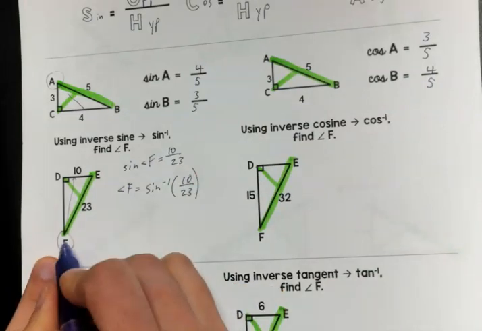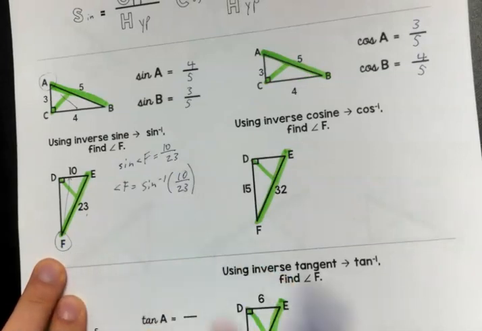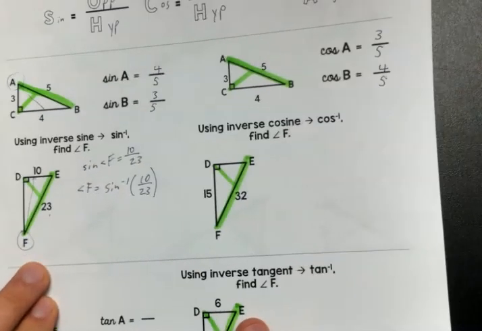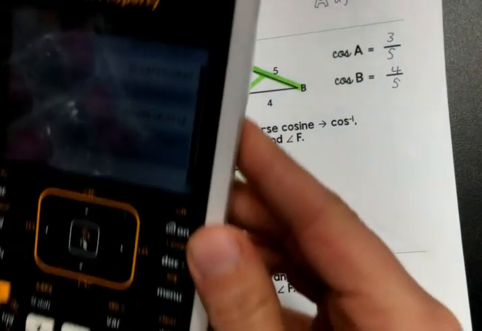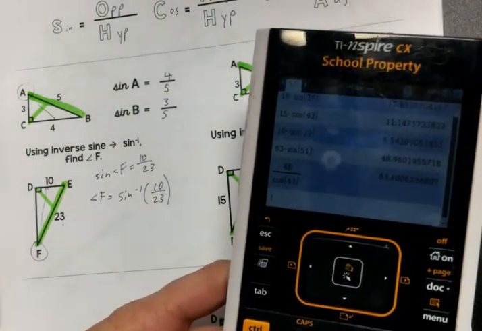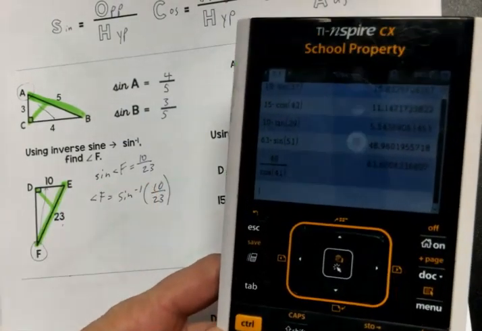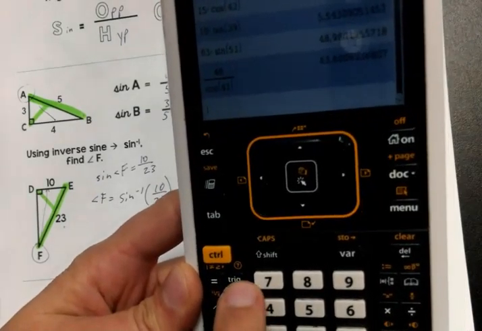So angle F, 10 over 23. We want to solve for the angle, so we're going to do the inverse sine. How does that look on our calculator? Well, this is what we want to plug in, inverse sine of 10 over 23. First, you find your trig button that's next to your 7.